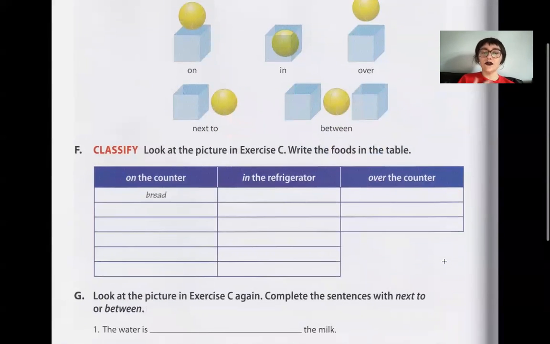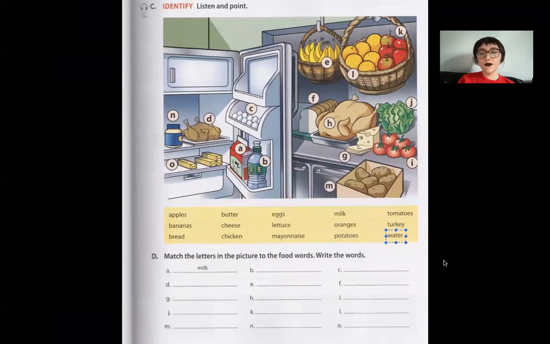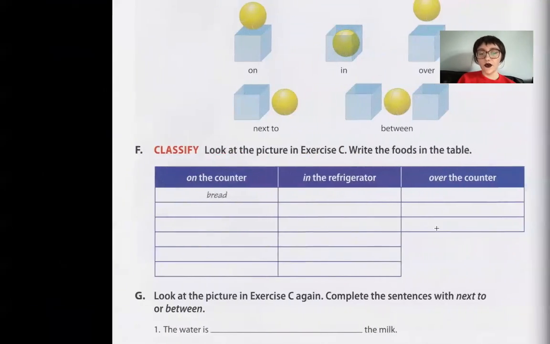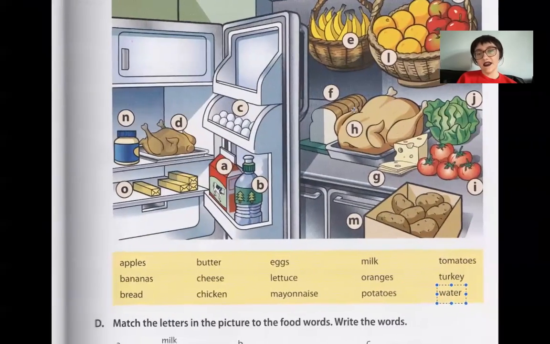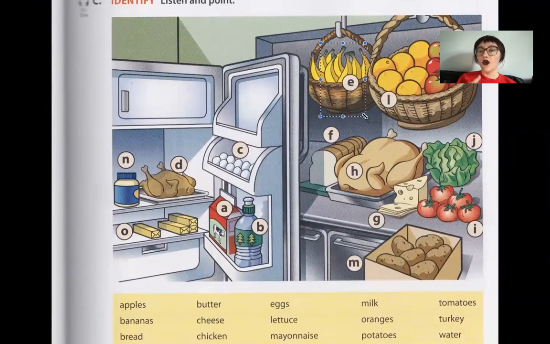Okay, so this one wants you to look at a picture and write the foods on the table. So what we would do is for on, in, and over. So you would say the bananas are over the counter. A counter is that you have a wall and then it's like a table connected to the wall, that is your counter.